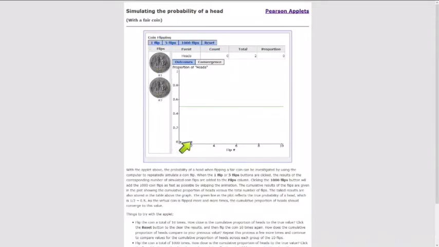So right now we're at 0 heads out of 2 attempts, so 0%, and flip again, another tails, so still at 0%, flip again, another tails, and flip again. This time we got heads. So we have 1 head out of 5 flips for a proportion of 0.2, so our graph is here. And let's go a few more times.